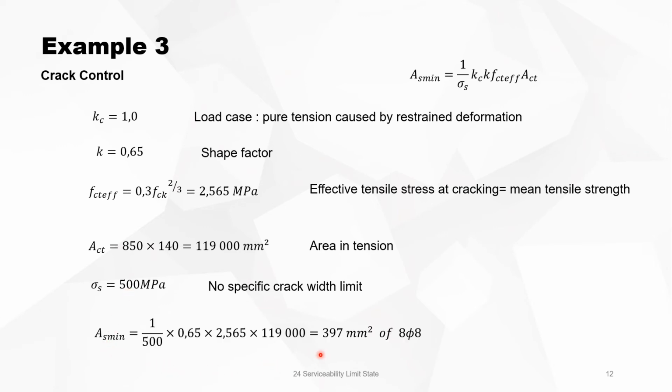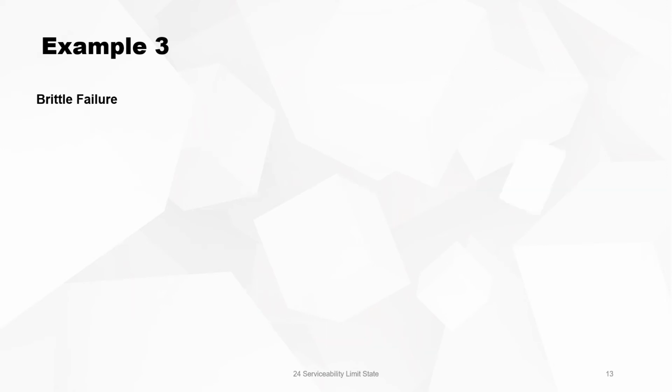And we see that we have 300 or something like 400 square millimeters. It means 8 diameters 8. Because this is pure tension, the reinforcement must be put in the whole section and redistributed in the whole section. So that's 8 diameters 8.